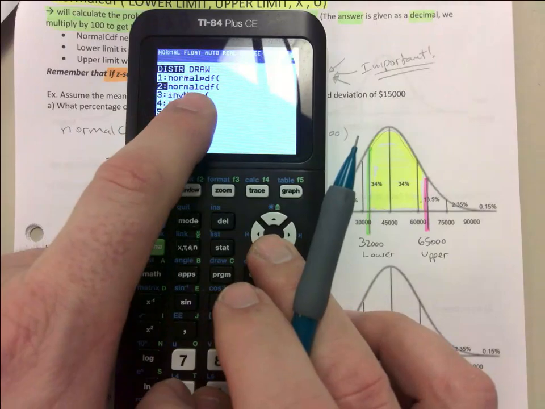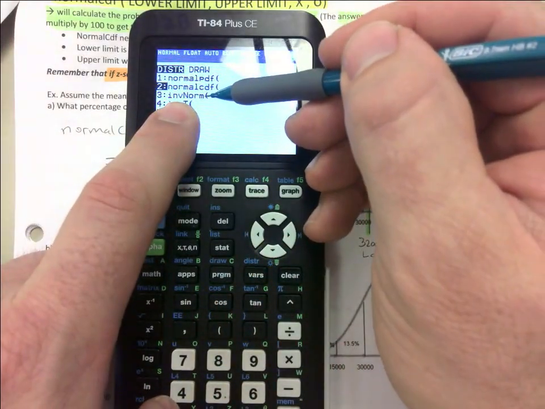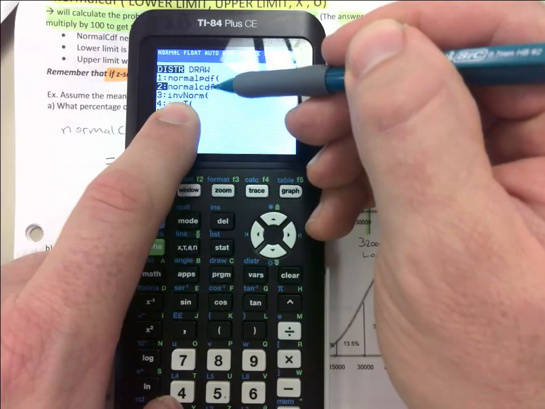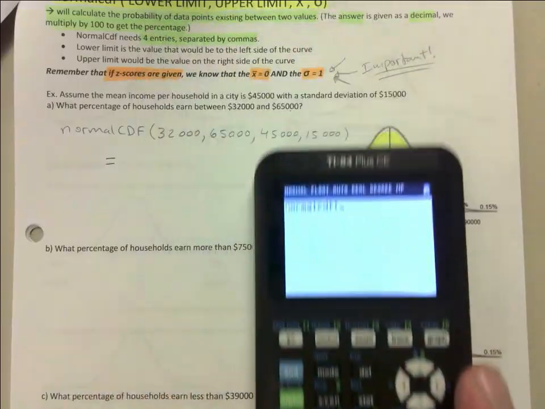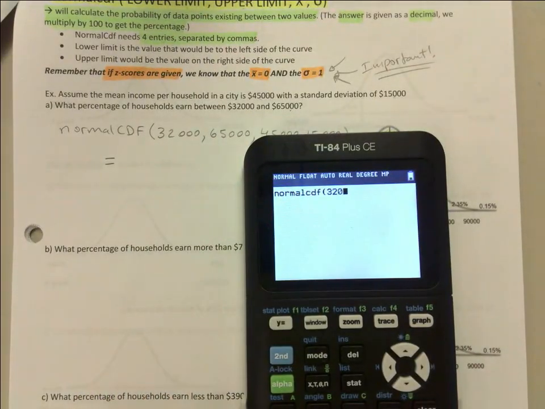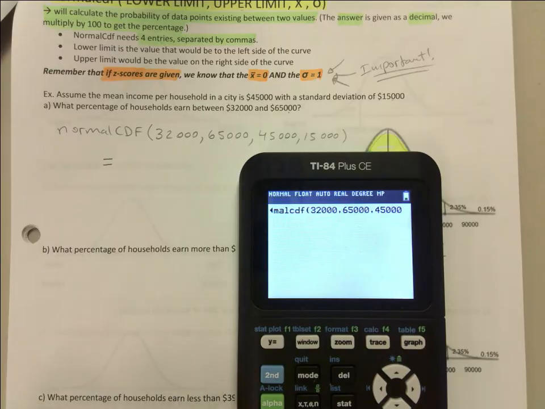You want to use normal CDF. I'm only going to use CDF and inverse norm in this course. Okay? Normal CDF. So you select that, and then just enter the values. 32,000, comma, 65,000, comma, 45,000, comma, 15,000, and close the brackets.